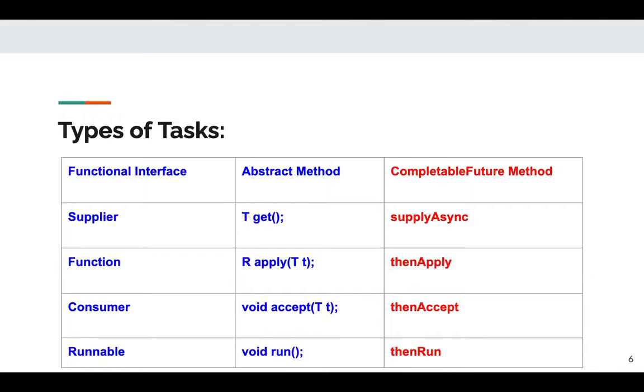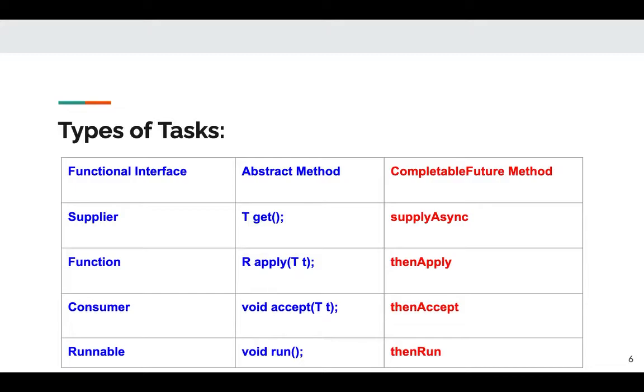So if they are functional interfaces, they have one abstract method, and this one abstract method is what we try to implement using a lambda. And once we implement this lambda, we provide this lambda to the corresponding completable future function so that it can be executed. Now these completable future functions are higher order functions because they accept lambdas as arguments. Now don't worry if you didn't get that completely. We'll do some repetition in the slide.